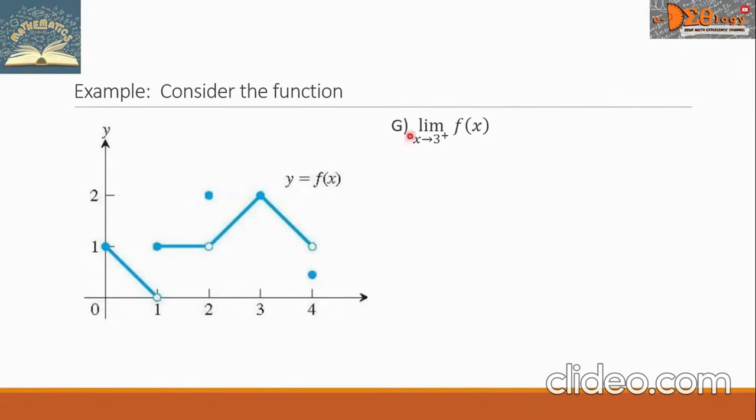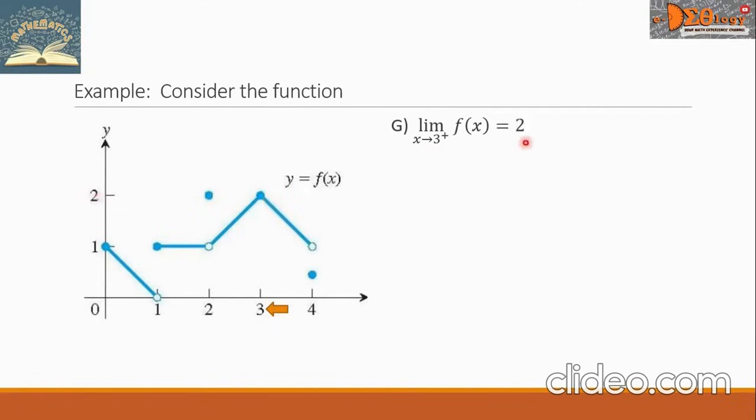Example G. The limit of the function f of x as x approaches 3 from the right. The number 3 is here, and we will consider those values of x that approach 3. Then looking at our graph, it is now approaching a value of y, which is 2.